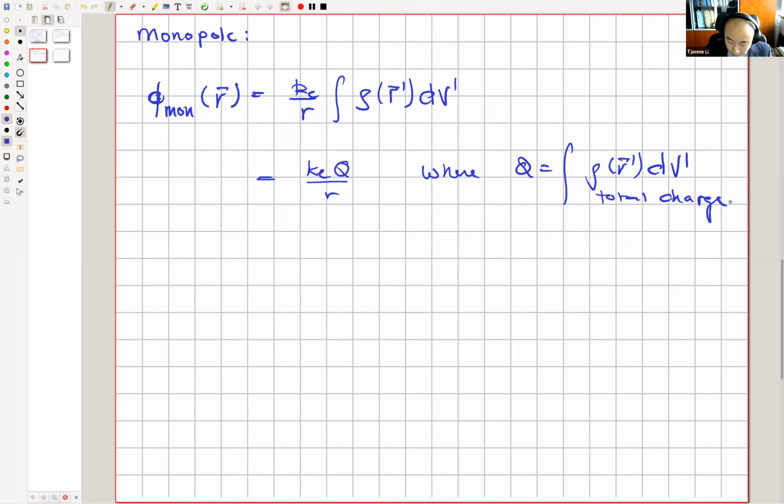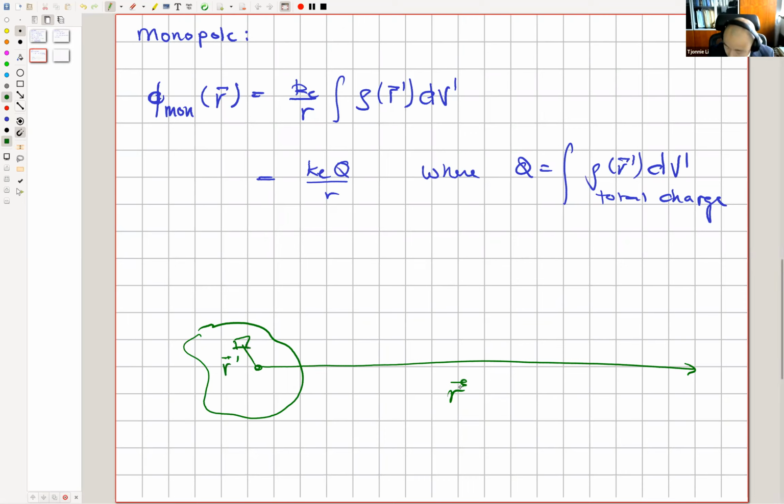Here we arrive at the same notion that if I have some charge distribution but I'm going very far away, where this is R prime and this is R, then if R is much bigger than R prime, this simply looks like a point charge.